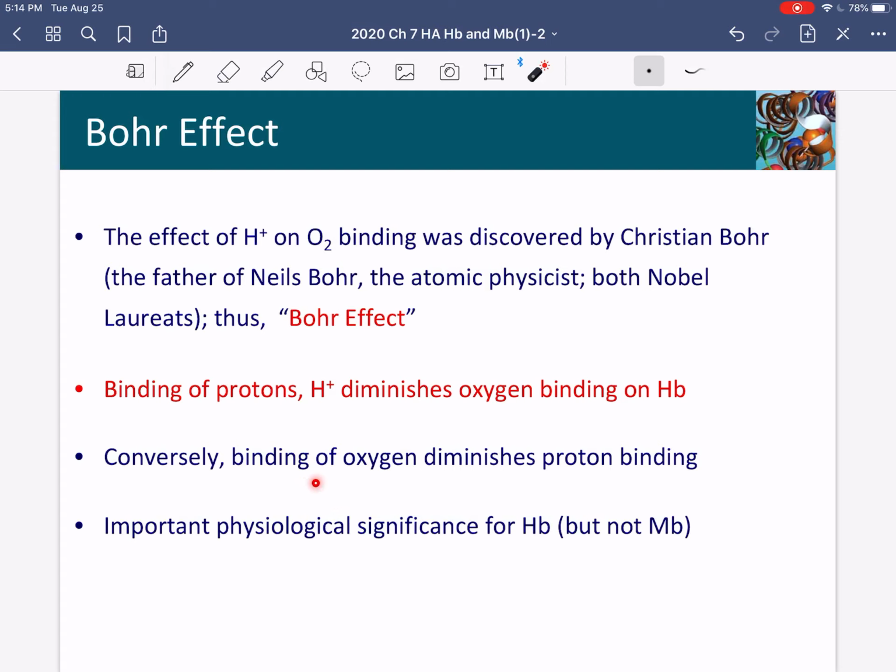Conversely, binding of oxygen diminishes proton binding, and I'll show you a cycle that explains that. And this has important physiological significance for the oxygen transport protein, hemoglobin, but not for myoglobin, which is not affected at all by protons.